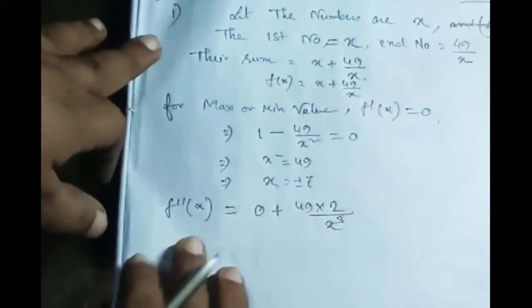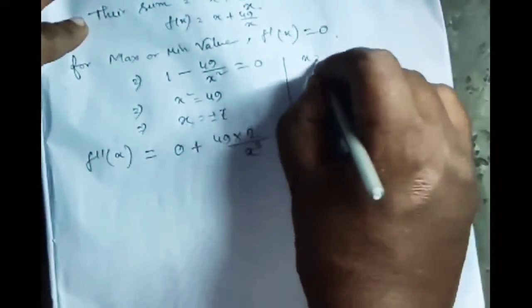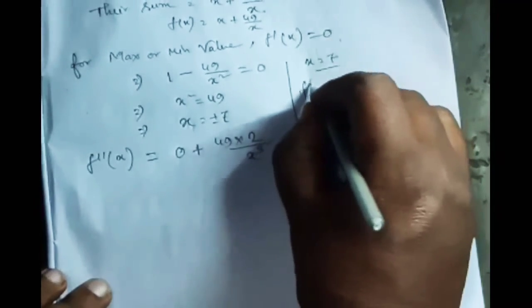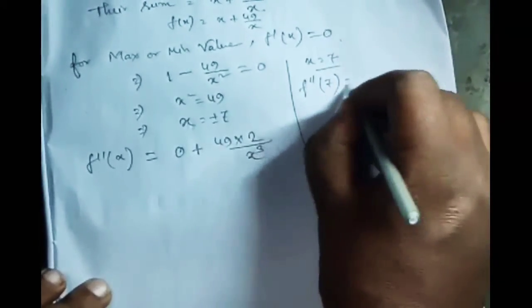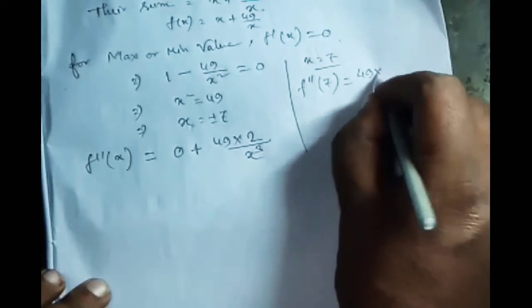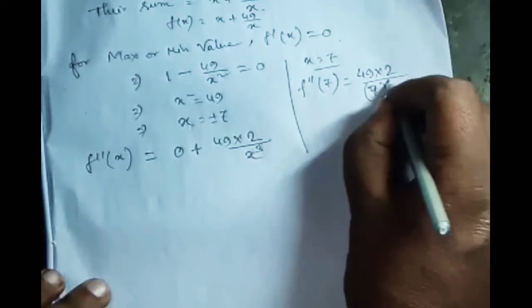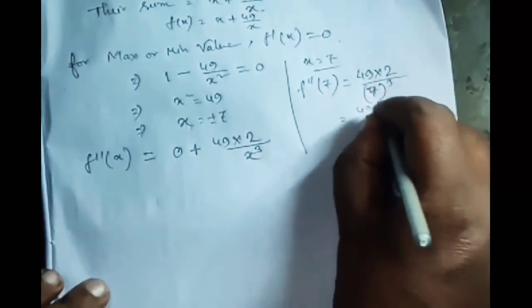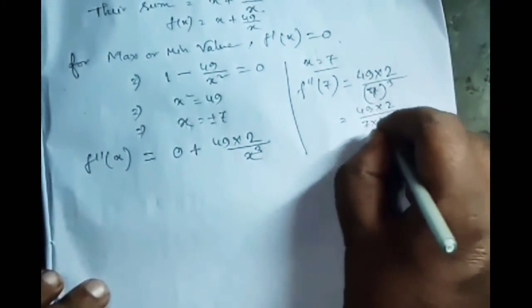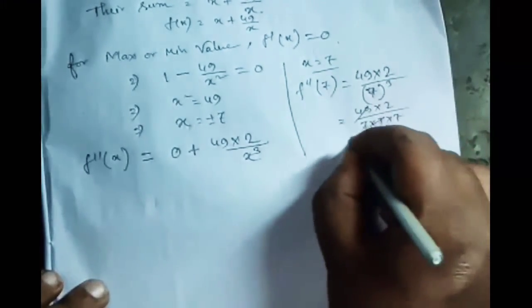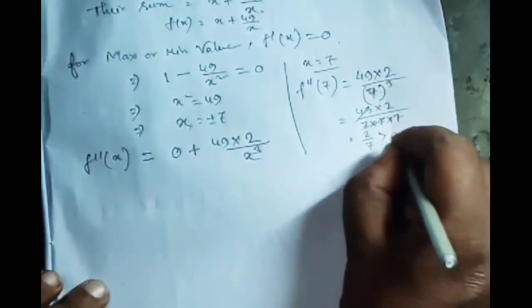Now taking x equal to 7, f double dash 7 equals 49 into 2 by 7 cube, means 49 into 2 by 7 into 7 into 7, that equals 2 by 7, greater than 0.